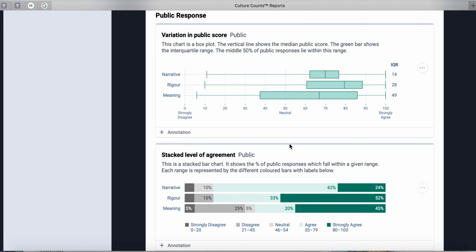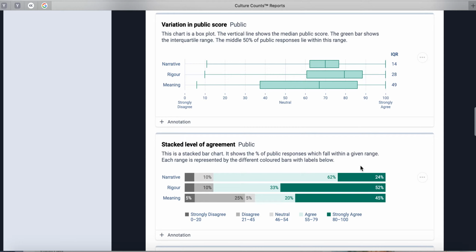And we've got here the variation in public scores. We have a box and whisker plot. I always like box and whisker plots because I think it's interesting to see how spread out the results actually were. As you can see with my results, they're all pretty spread out. But we would probably say that the narrative dimension has the closest.